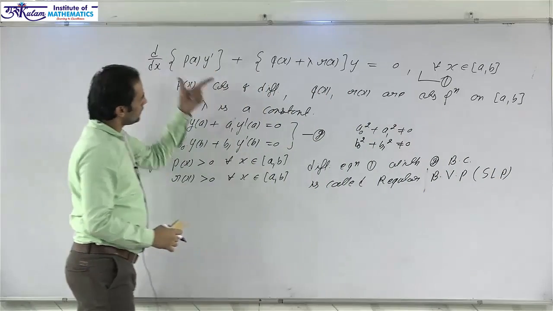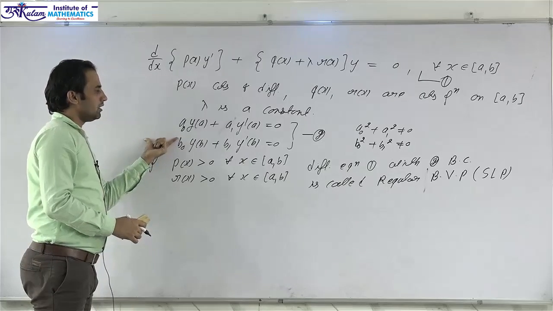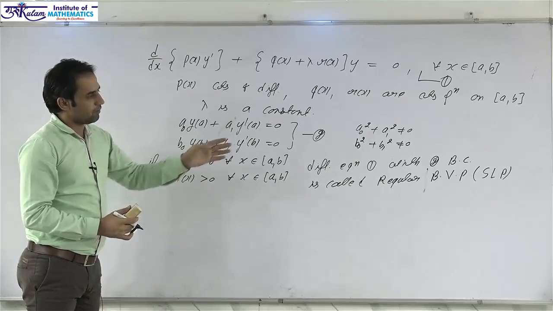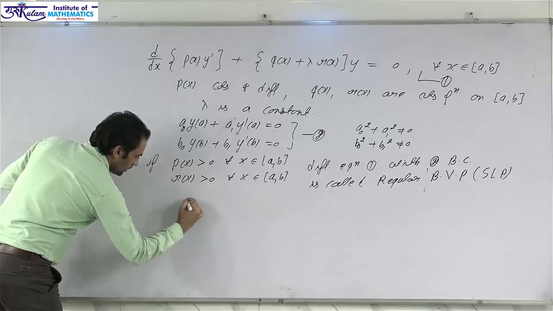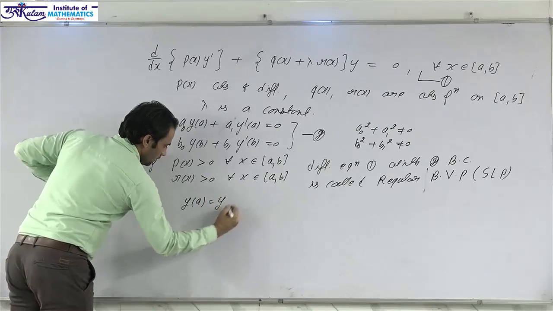So this first differential equation with this second boundary condition is called either a regular boundary value problem or a Sturm-Liouville problem.